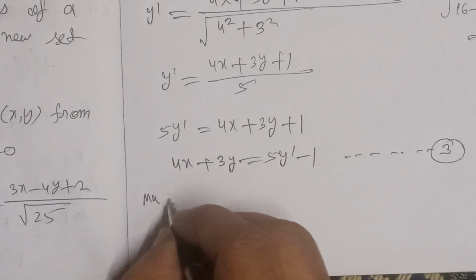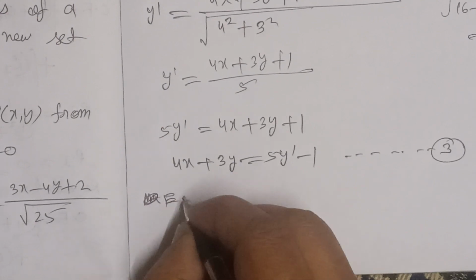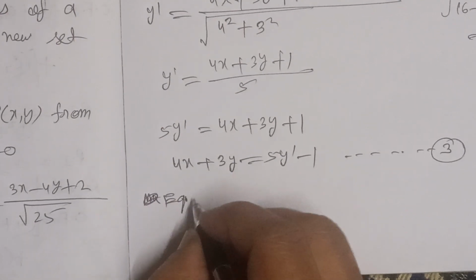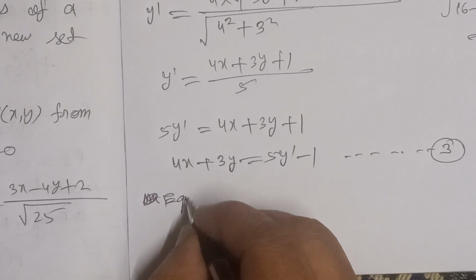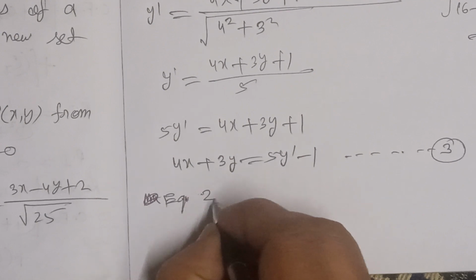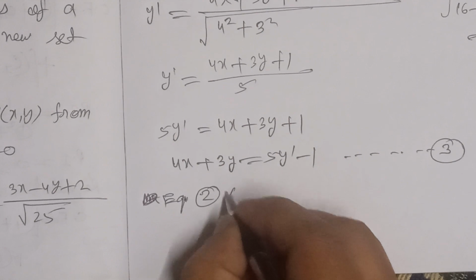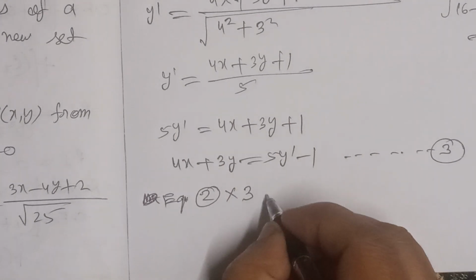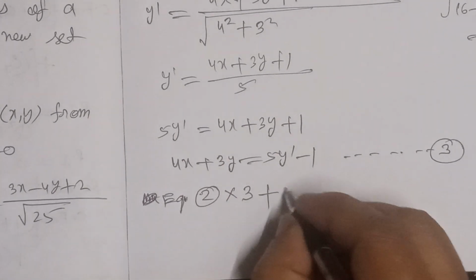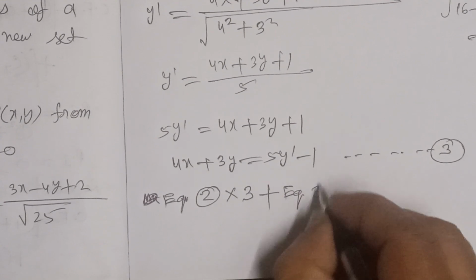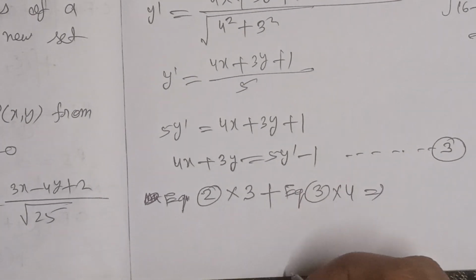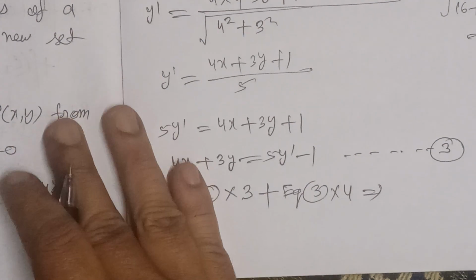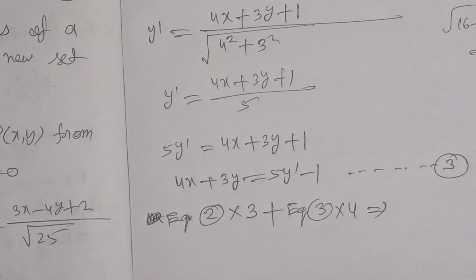In short form we can write it as equation number 2 multiplied by 3 plus equation number 3 multiplied by 4. I write this on the next page.